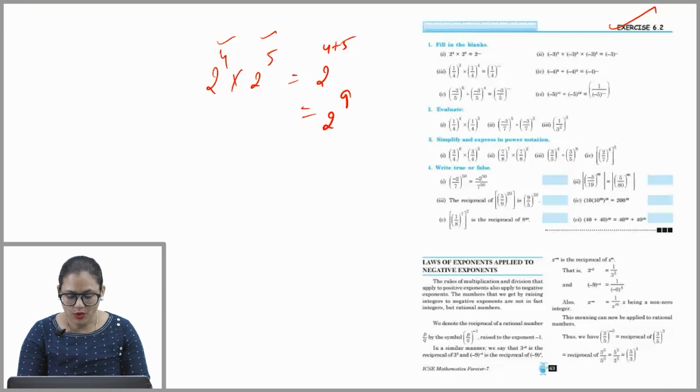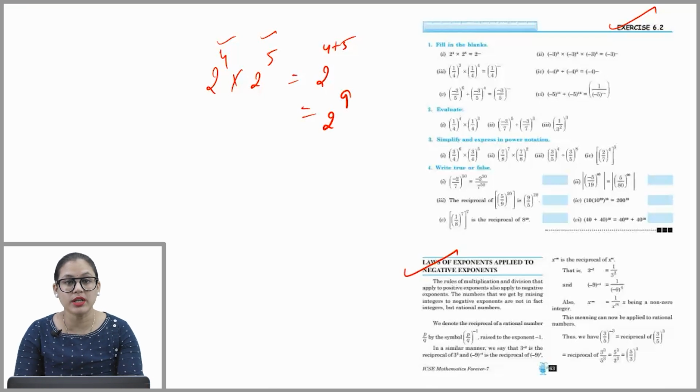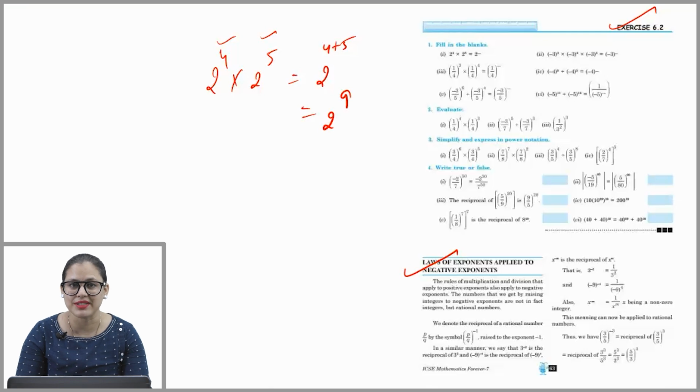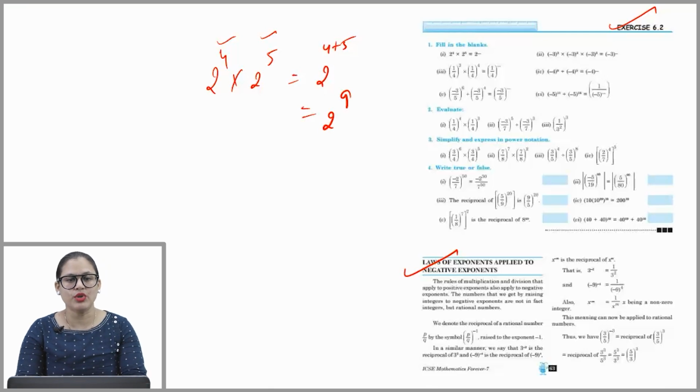Okay. Next, laws of exponents applied to negative exponents. The rules of multiplication and division that apply to positive exponents also apply to negative exponents. The numbers that we get by raising integers to negative exponents are not in fact integers but rational numbers. We denote the reciprocal of a rational number p by q by this symbol, (p/q) raised to the power minus 1.